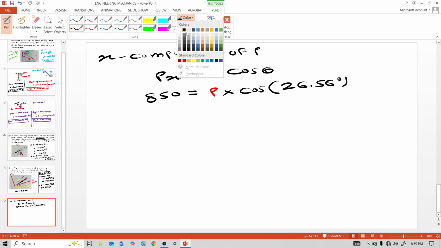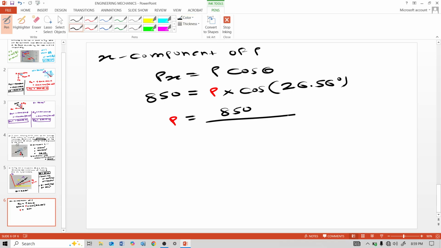So this P is equal to 850 upon cos of 26.56 degree.